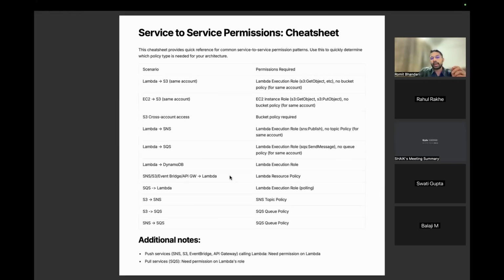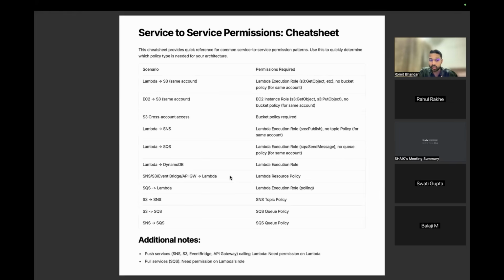And Lambda to SQS, again very similar. Lambda's execution role needs to have a send message. If you are talking about sending a message into the queue, you don't require at the other end a queue policy under the same account. So it is behaving very similar to how Lambda behaved with S3 or DynamoDB.